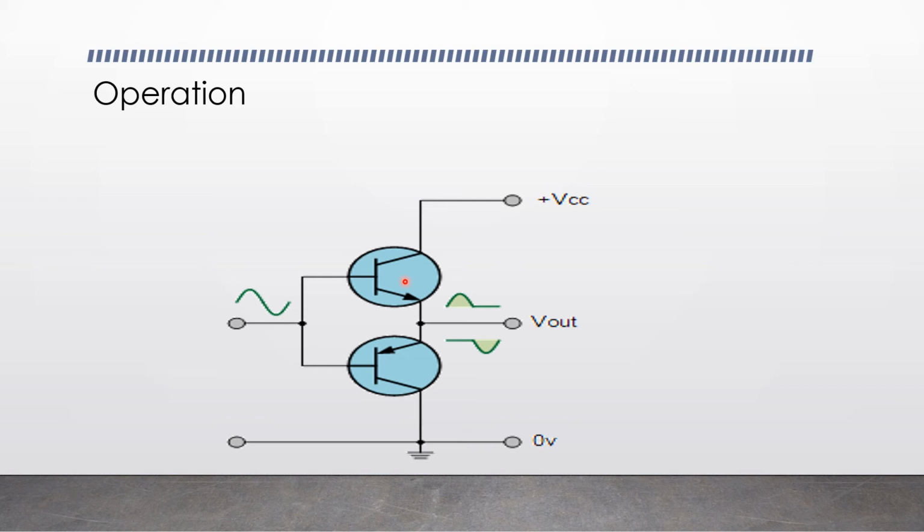That lag time in between will give the distortion, and this type of distortion is called crossover distortion. So this is the only problem with this Class B amplifier, that crossover distortion occurs.